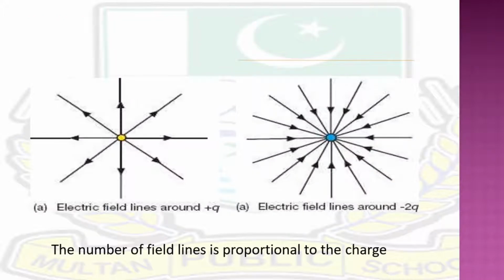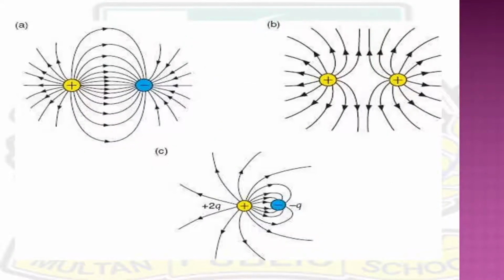Now students, you have to see that the number of field lines is proportional to the charge. You can see the electric field lines around a positive charge, and you can also observe here the electric field lines around a -2q charge. Here are also some examples of electric field lines.